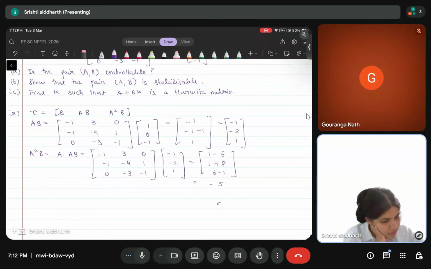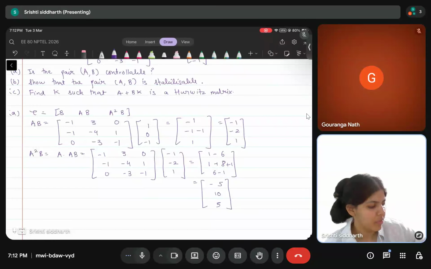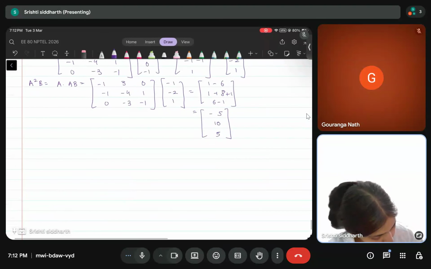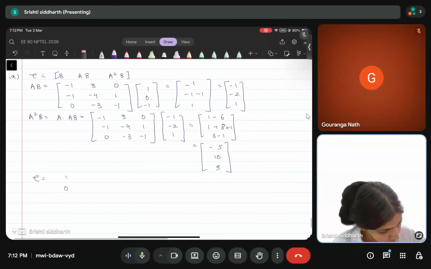This is 5. This is 10. So C becomes the controllability matrix: 1, 0, minus 1; minus 1, minus 2, 1; minus 5, 10, 5.